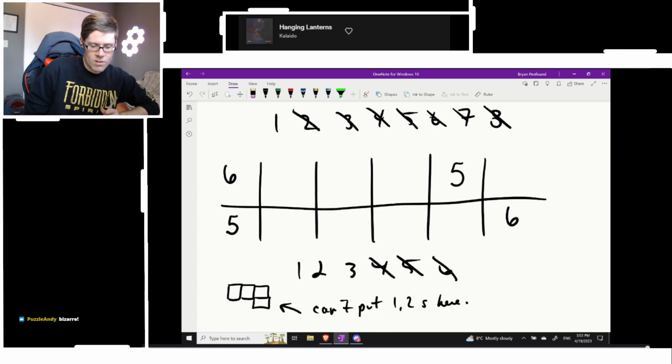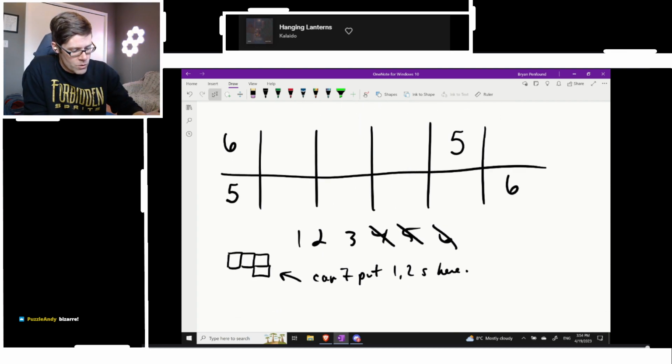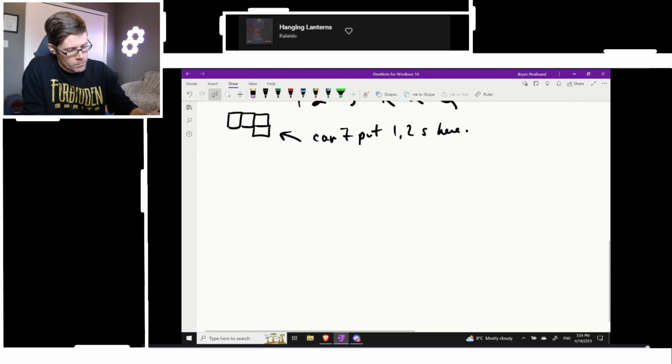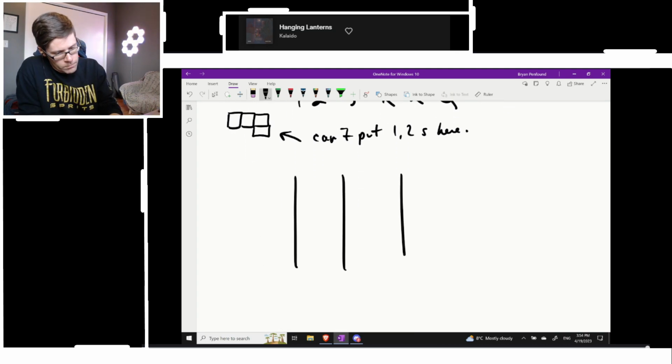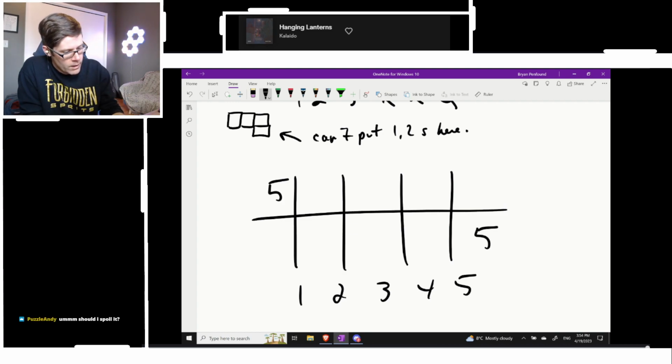Interesting. So weird. So 2 by 6 is not possible. Is 2 by 5 possible? Again, you're going to have to probably just start out, right? The 5s are fixed, and then the 4s are probably fixed as well, right? 1, 2, 3.